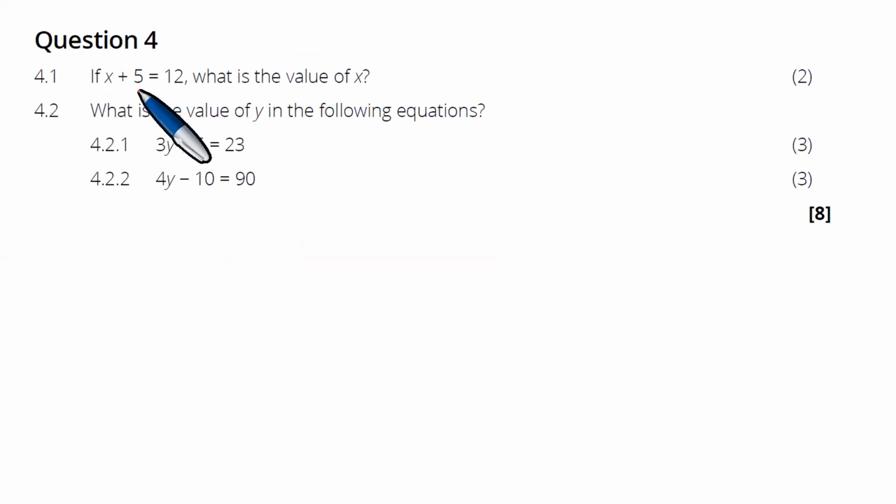If x plus 5 is 12, what is the value of x? Let's do this one as an example. What is the value of x? Right, so we do this one in 4.1. So in 4.1 now we have the question x plus 5 equals what? 12.